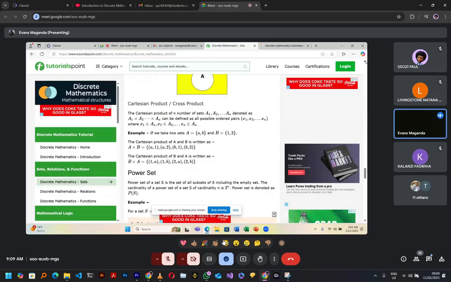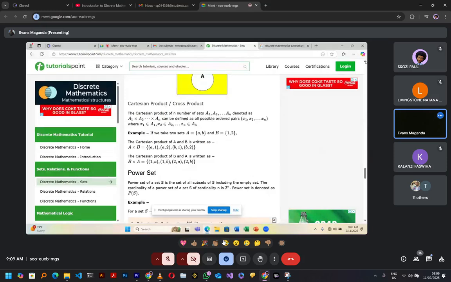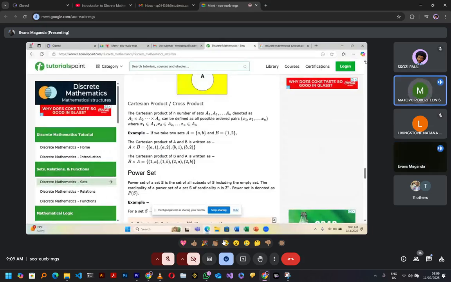We use Cartesian products to relate elements from one set to another, to extract certain relations that exist between them.